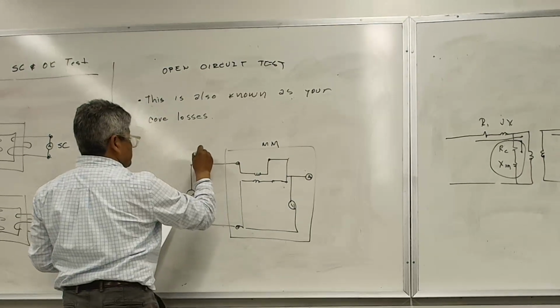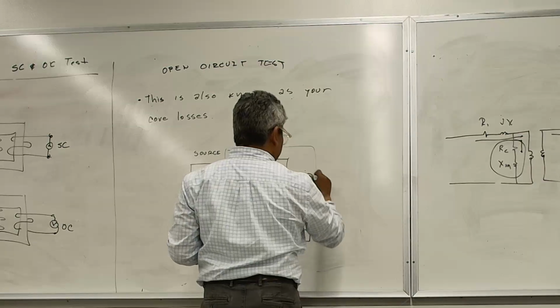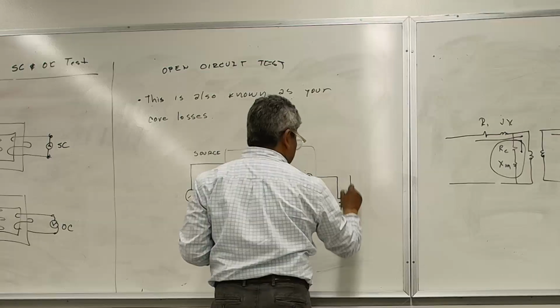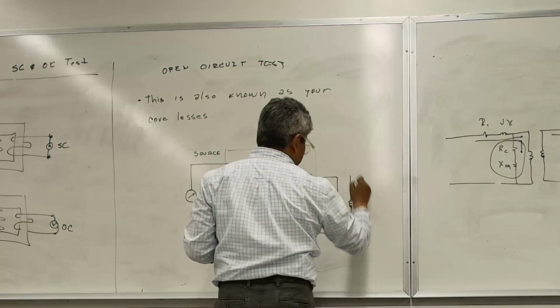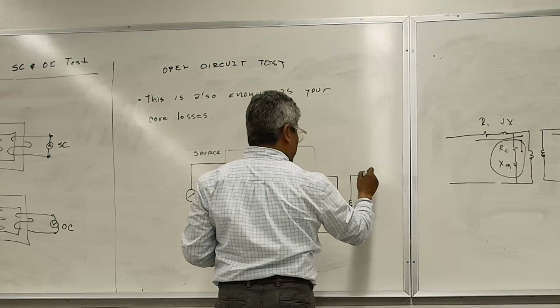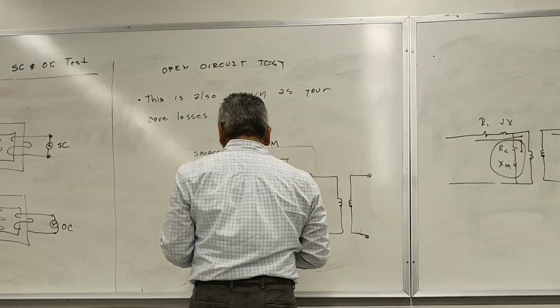This is source again, and then my transformer, and I'm going to connect my transformer right here. So I'm using the same side or the primary side, whichever transformer. And then I'm going to leave this here open, okay?